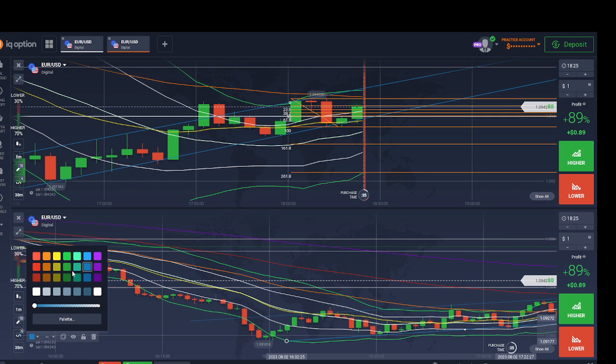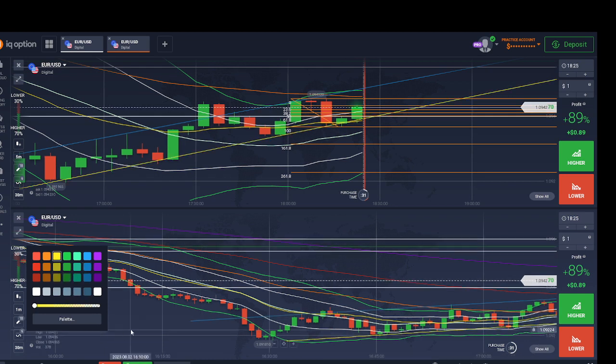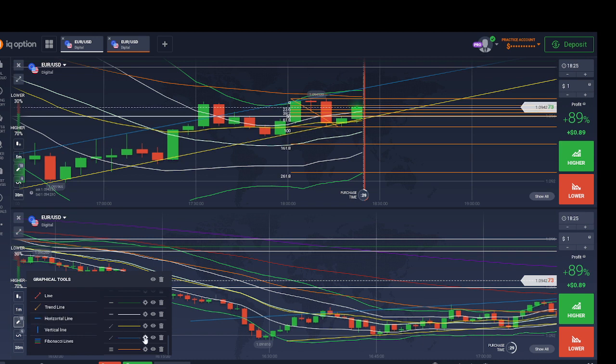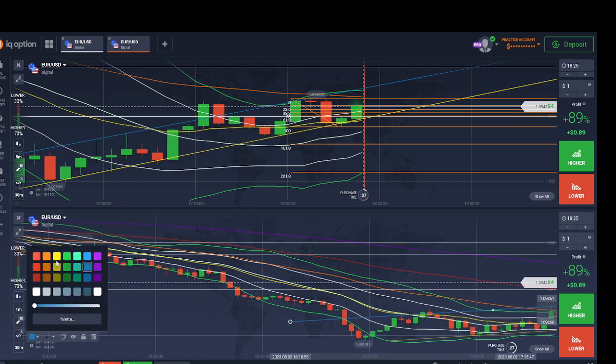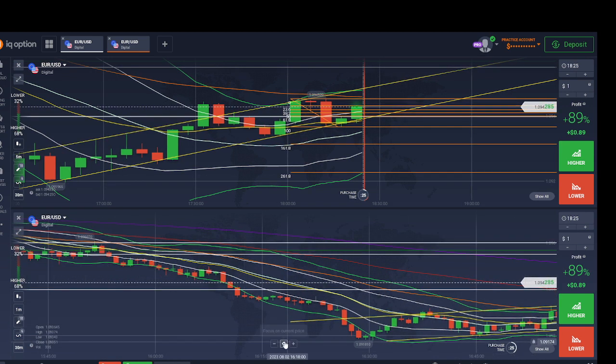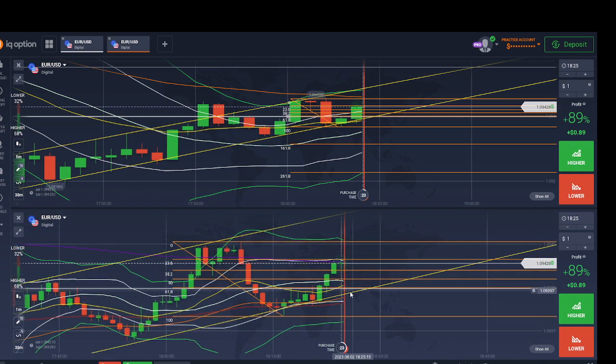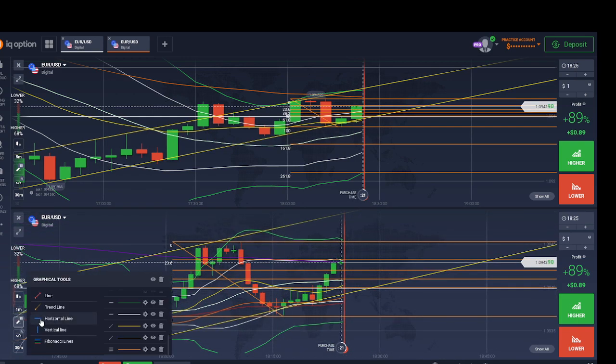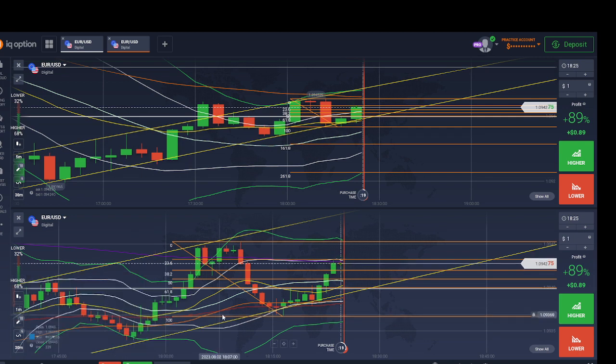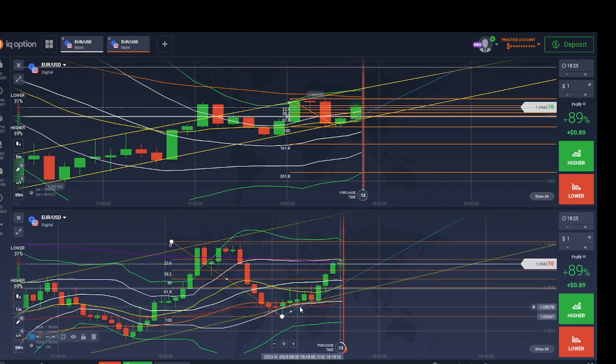Those channels are for really big channels with five minute things. So let's try to create smaller channels, smaller trend lines. So if I try to create a smaller trend line, it's something like this.